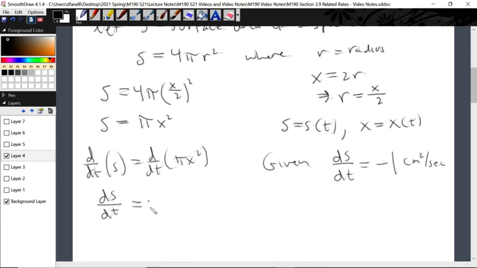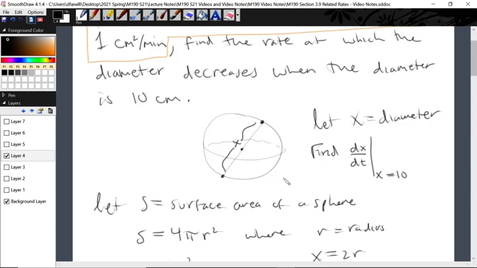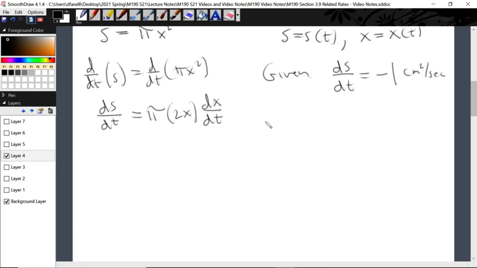On the right, we factor out the pi, and the derivative of x squared with respect to time is 2x times dx/dt. We want to find dx/dt when x is equal to 10, so we evaluate at x equal to 10 centimeters.